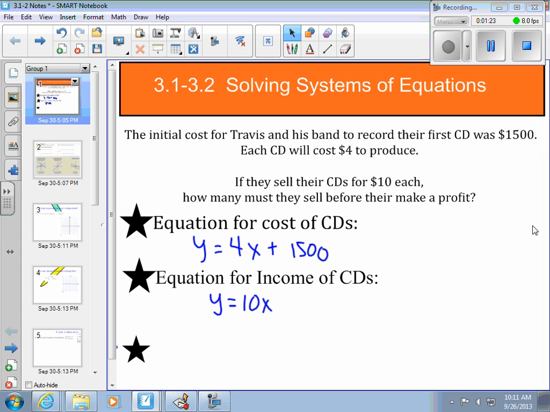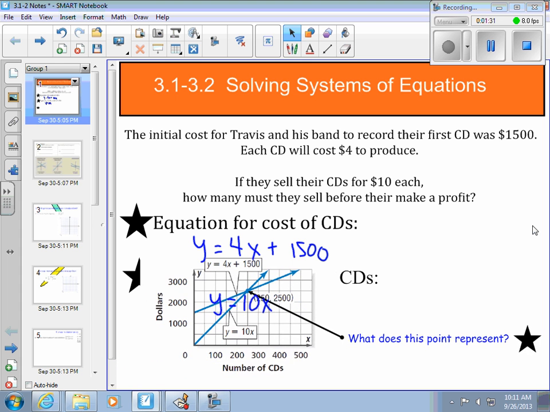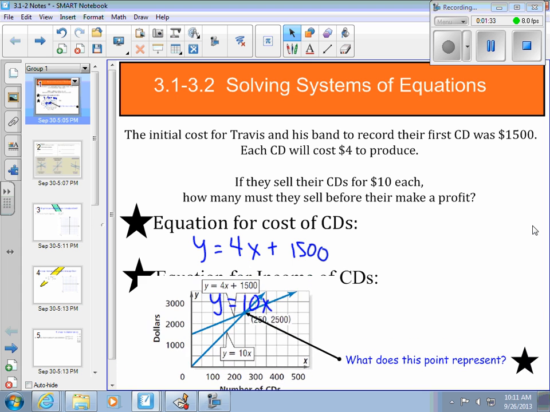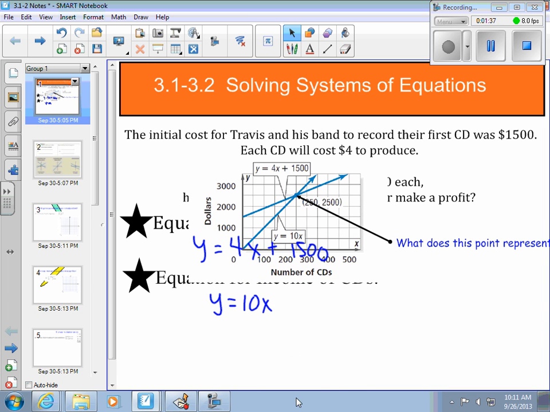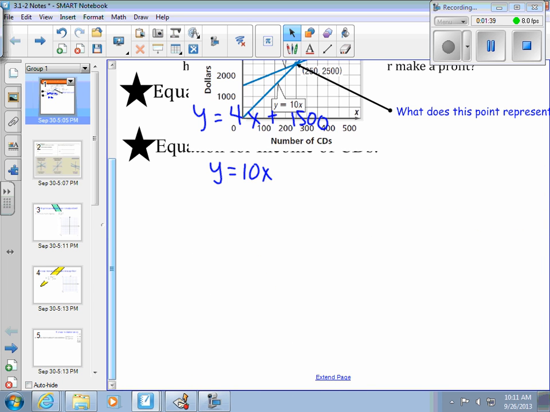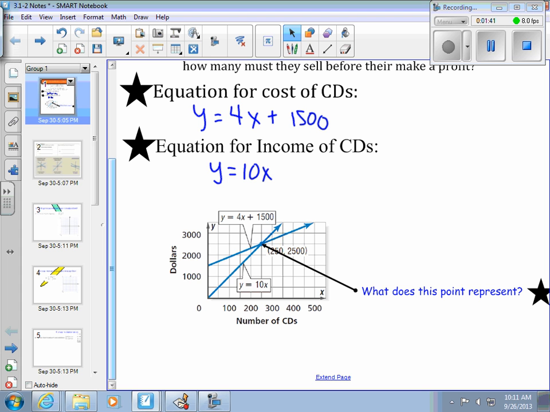If you look, you do have a graph on yours that shows the situation. They want us to know, what does this point represent on this graph? So on our graph here, what's this talking about? What's this point, 250 comma 2,500?